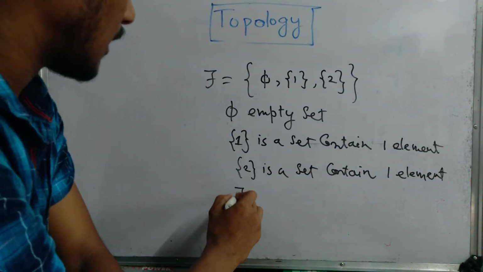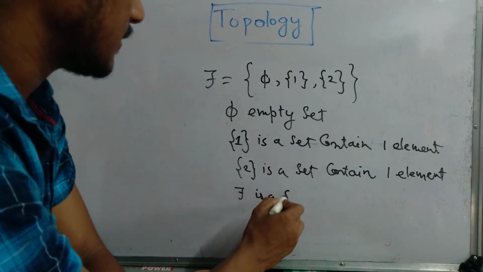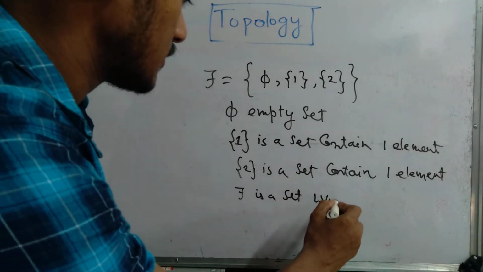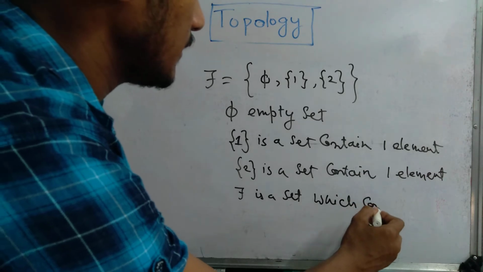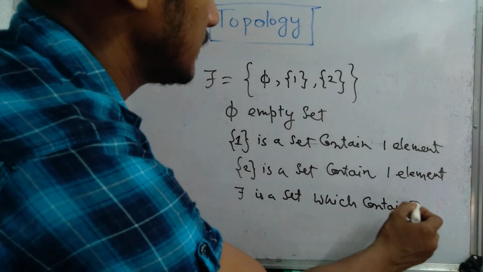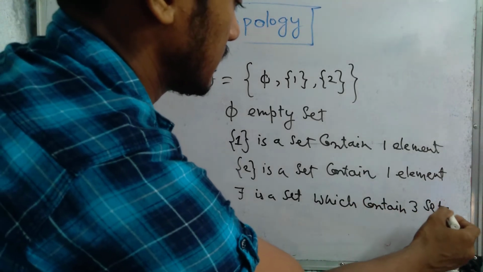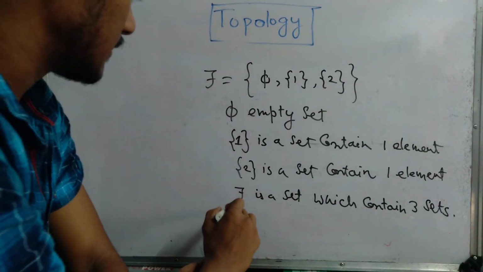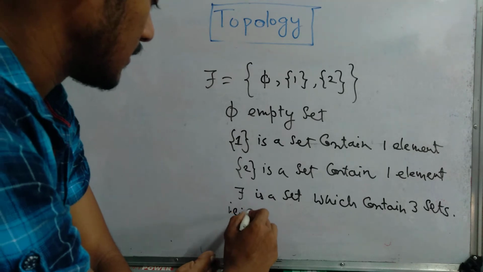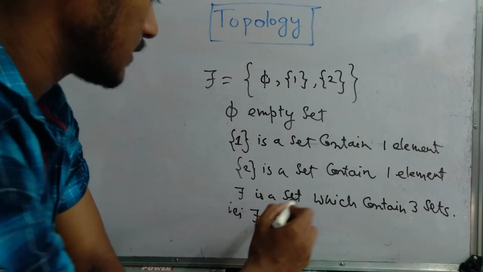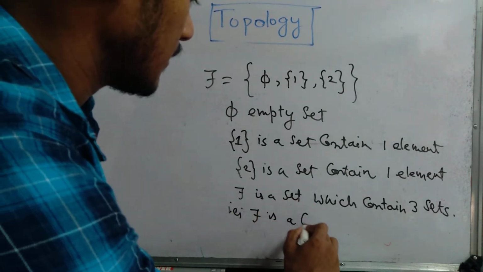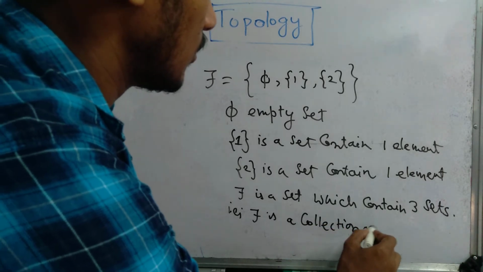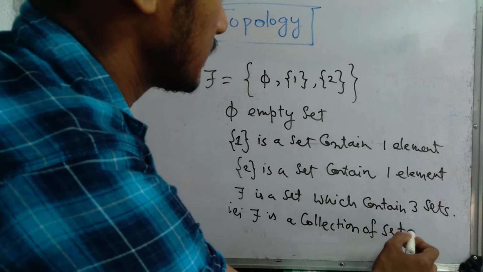And tau is a set which contains 3 sets. That means tau is a collection of sets.